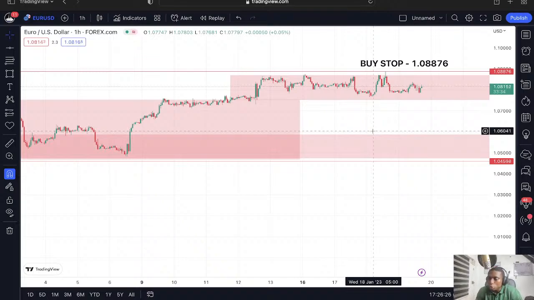Max 2%, but to be on the safer side, 1% of your capital. You should not risk more than 1% of your capital on a single trade. Which means if you take a single trade and your stop loss is triggered, the loss should not exceed 1%.